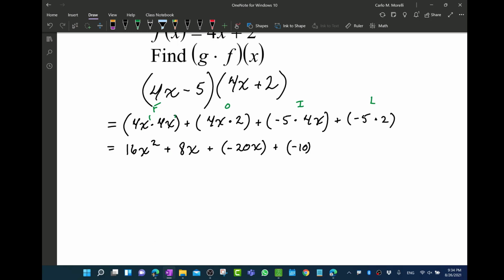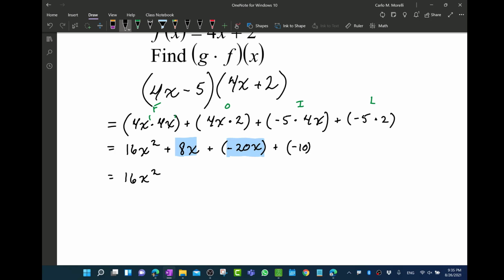All right. So we have common terms. These two terms are common. They can be combined together. So we'll do that. We have 16x squared. And now 8x minus 20x. Well, 20 minus 8 is 12. So 8 minus 20 is negative 12.